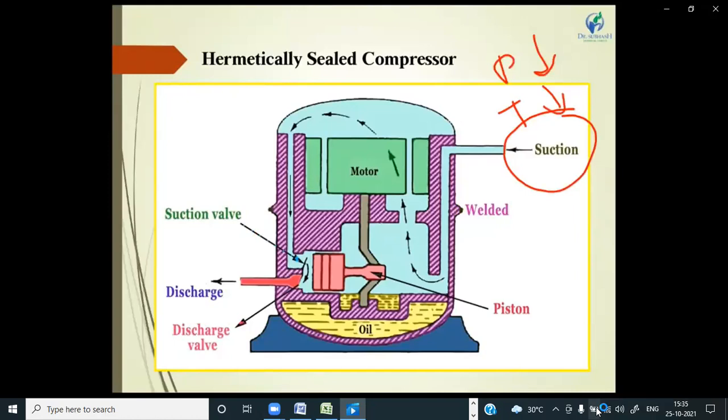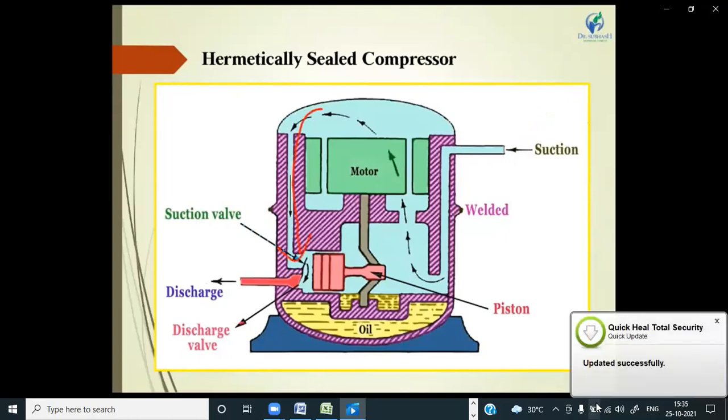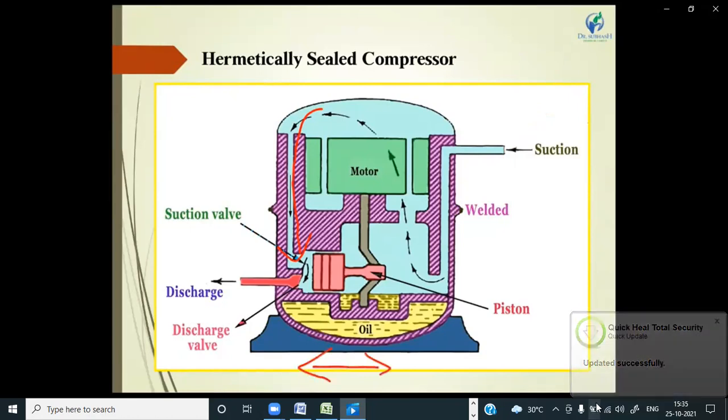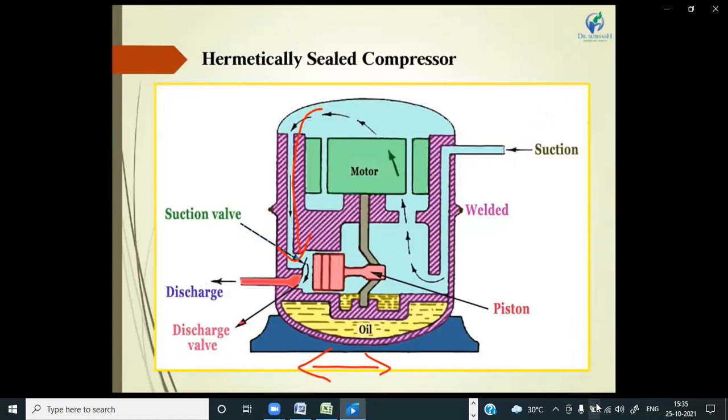Then this refrigerant passes into the single acting piston cylinder arrangement, and the piston's movement is reciprocating motion. This reciprocating motion is converted from rotary motion by the piston, crank and crankshaft.